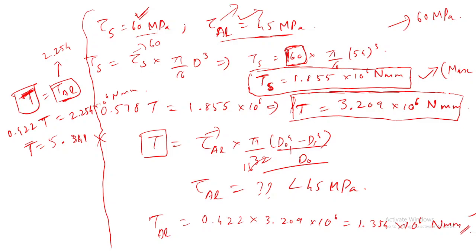Is it fine? Yes. Now we have found the value of torque. The next thing we have to find is the value of theta. Can you find, based on this, either theta s or theta a?